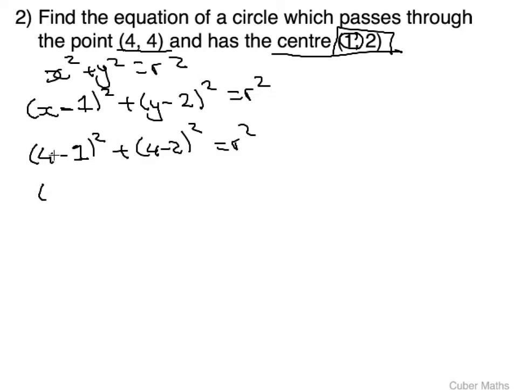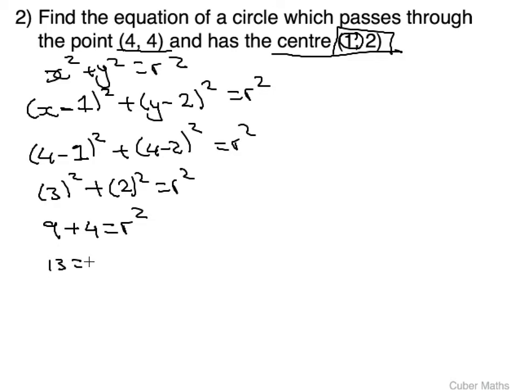We're going to end up with 4 take away 1 is 3 squared plus 4 take away 2, which is 2 squared equals r squared. And 3 squared gives us 9, and 2 squared gives us 4, is equal to r squared. So when we add those, we get 13 is equal to r squared. So root 13 is equal to r.